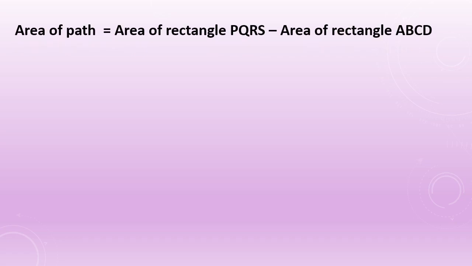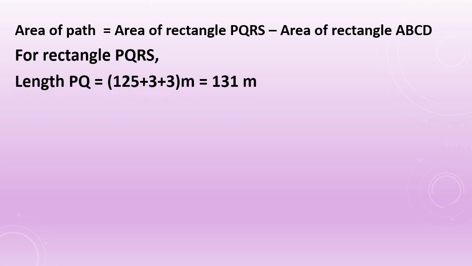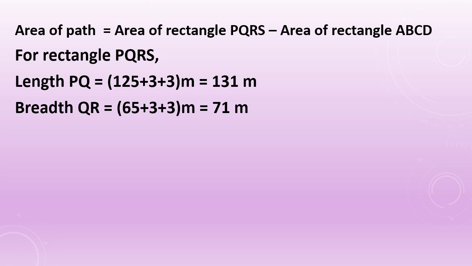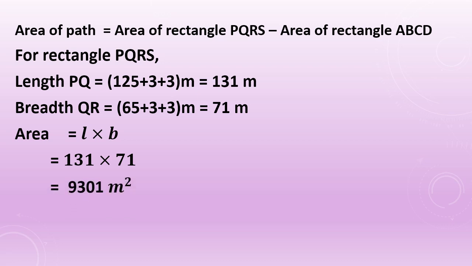Area of path equals area of rectangle PQRS minus area of rectangle ABCD. For rectangle PQRS, length equals 125 plus 3 plus 3, which gives 131 meter. Breadth equals 65 plus 3 plus 3, which gives 71 meter. Area equals length into breadth, that is 131 multiplied by 71, which gives 9301 meter square.